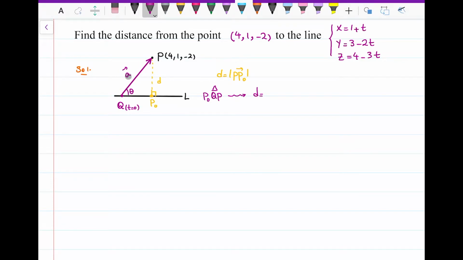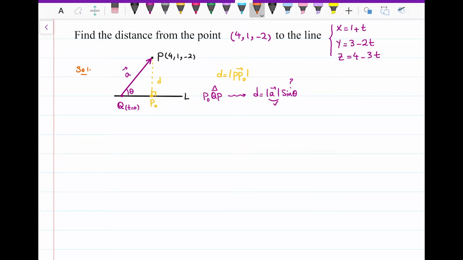It would be the length of the vector A, times sine theta. I can find the length of this vector because A is basically from Q to P, and it's the magnitude of this vector. Basically, since Q was an arbitrary point, after I plug in, for example, t = 0 into my equation, I got a point. I have P. I can make this vector, and the length of that vector would be the length of A. So that's clear.